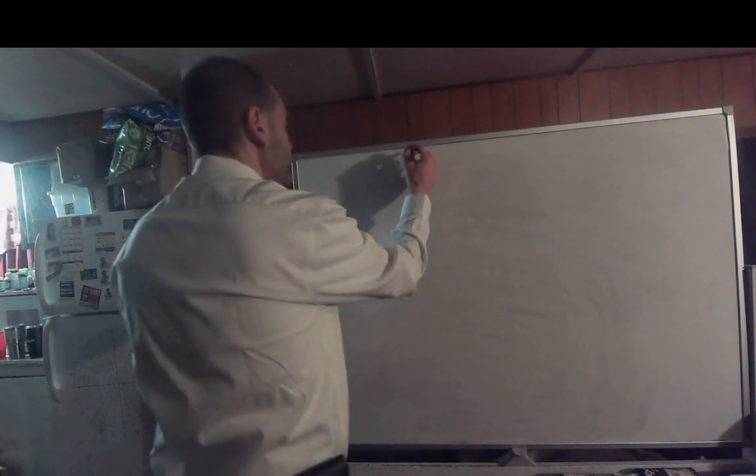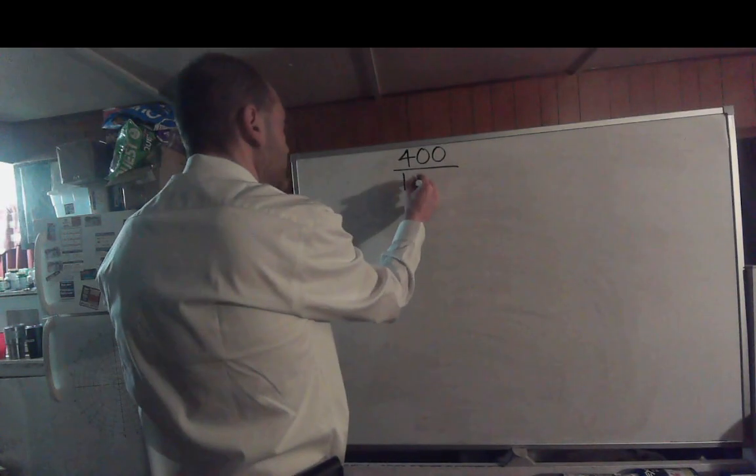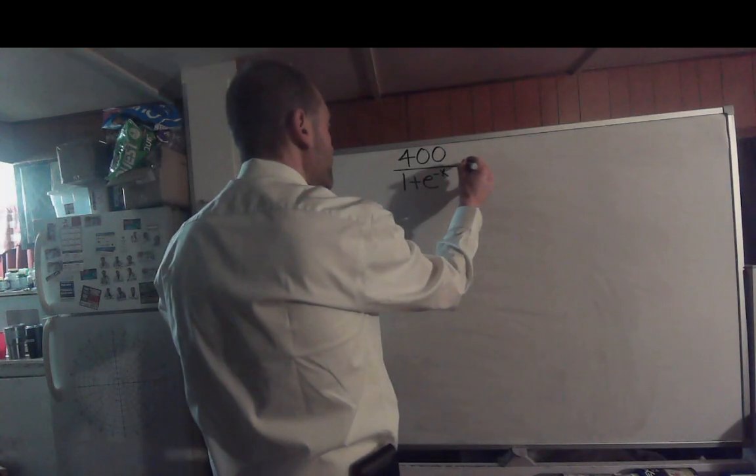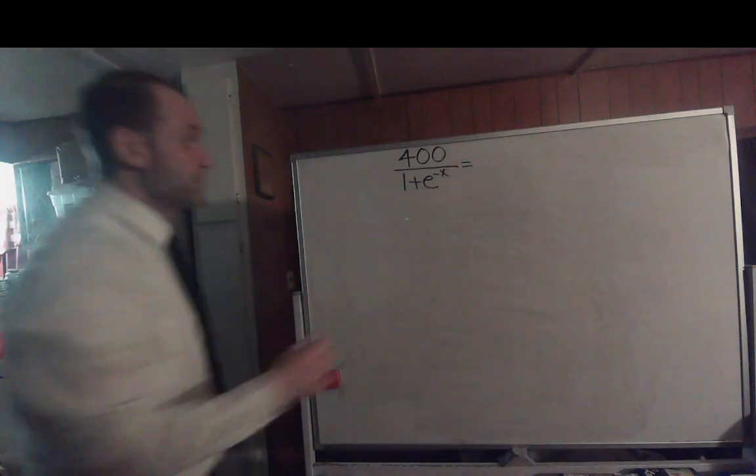So we have 400 divided by 1 plus e to the negative x, which would equal 350.